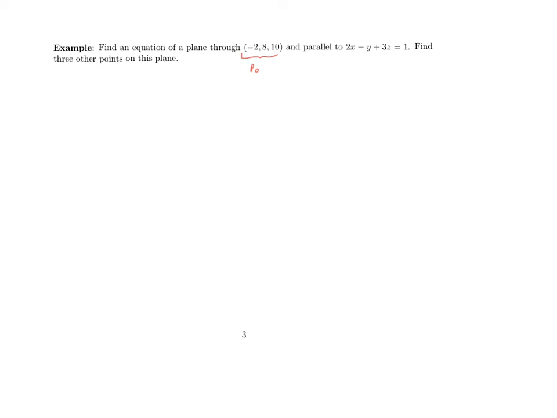So to get started, let me draw a very generic picture. If I have two planes that are parallel to each other, I'm not trying to be accurate at all, I'm just drawing two parallel planes. Maybe we're thinking, for the sake of this picture, z equals 0 and z equals 2.